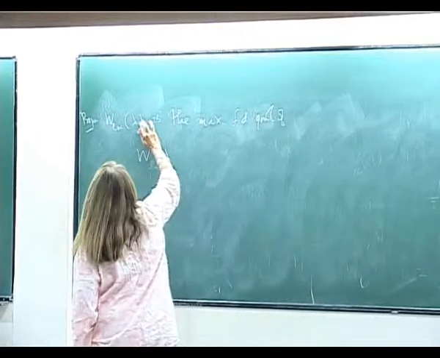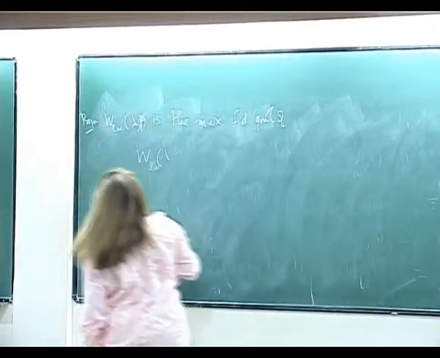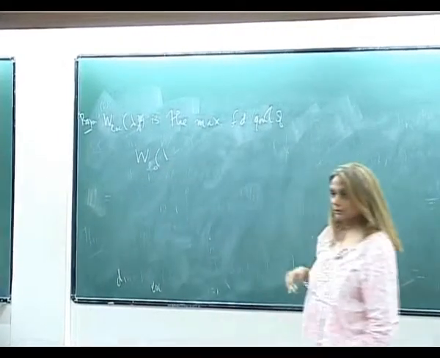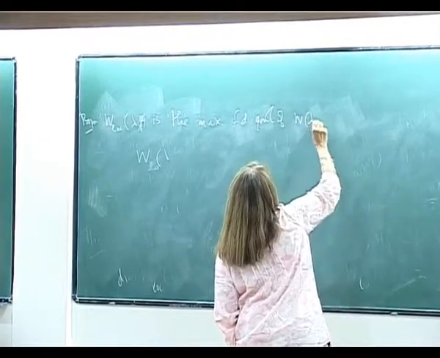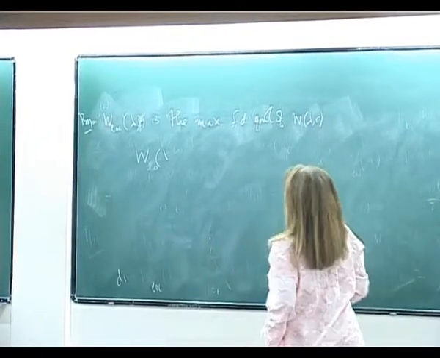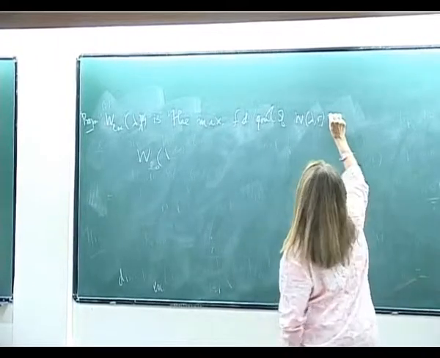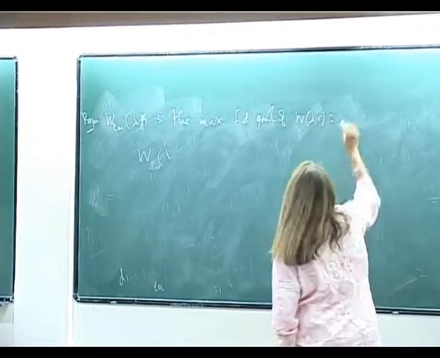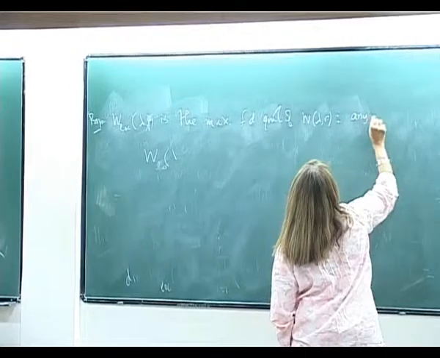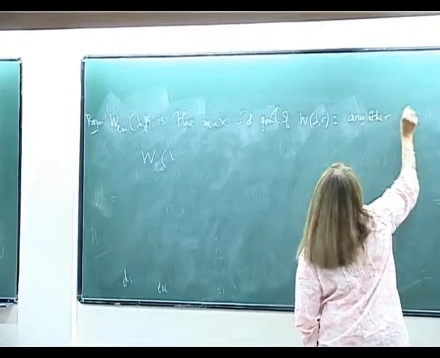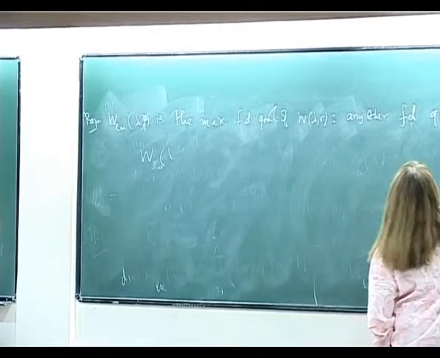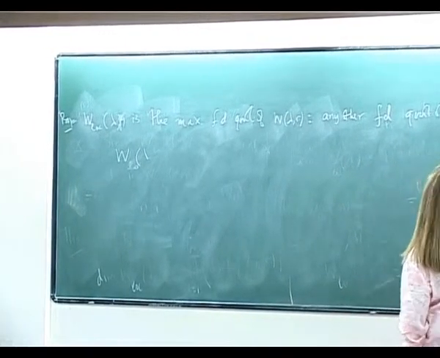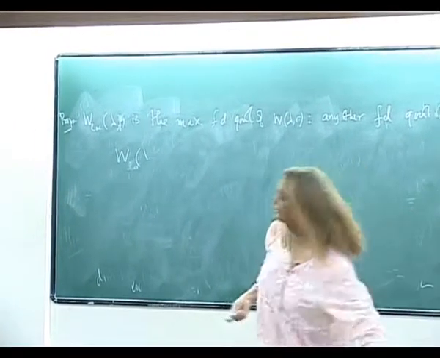I want to put in lambda r now. I want to keep that, otherwise it's not a meaningful statement. And what do we mean by maximal? Well, what I mean by maximal is any other finite dimensional quotient of W lambda r is actually a quotient of W log lambda r.